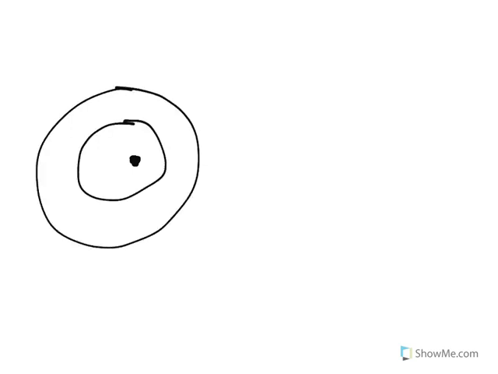The Bohr model of the atom has an atom with a nucleus. So this electron of the hydrogen atom has different orbitals of energy levels.